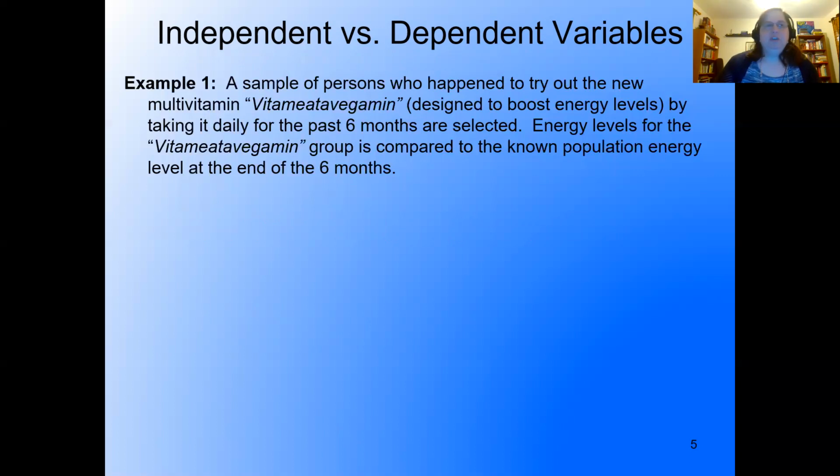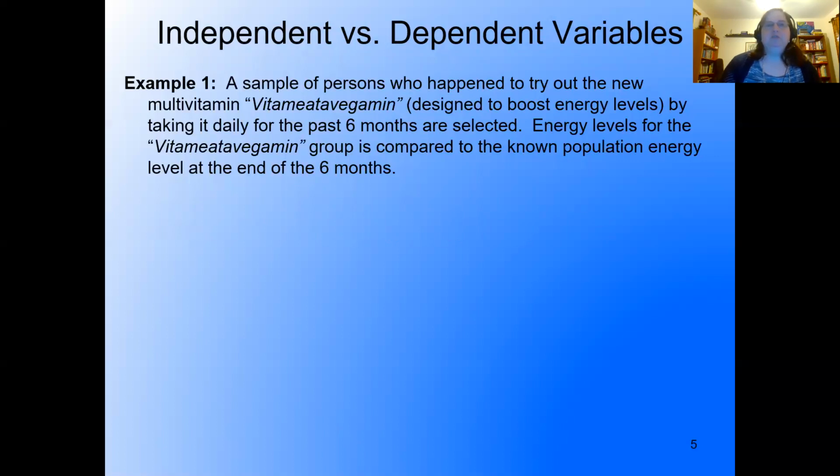So what do you think the IV and DV are? Which one are we measuring? Which one is our outcome? And then from there, maybe go back and think about which one is the IV. Which one did we decide to observe for study or manipulate? And in this case, we didn't manipulate anything.